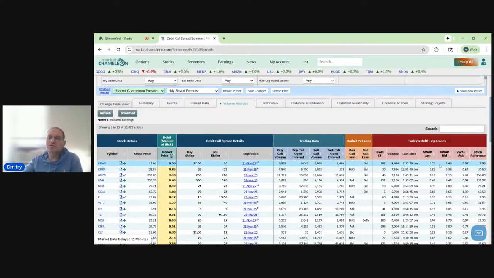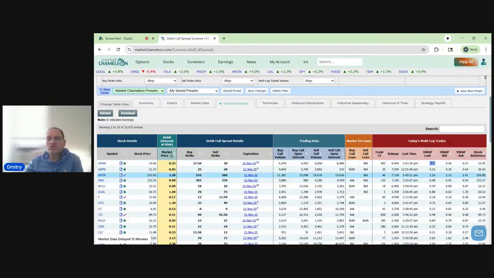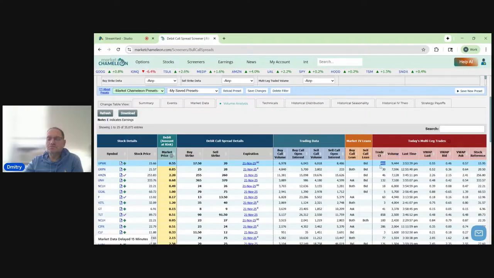So this call spread traded for a VWAP price of 55 cents, closer to the offer. But that's the price. So now we know the price of that option traded near the offer, traded over 400 two times.